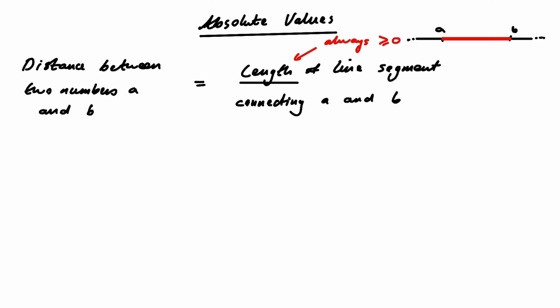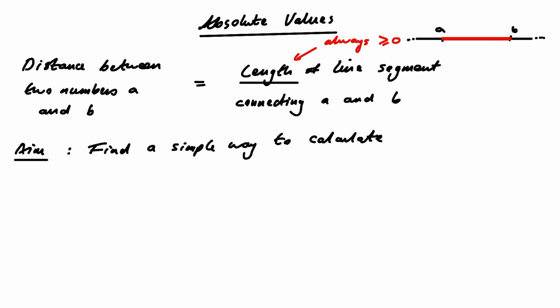So maybe I should write always greater than or equal to 0. So what I want to do really is come up with a really simple way to calculate this distance. Aim: find a simple way to calculate this distance.